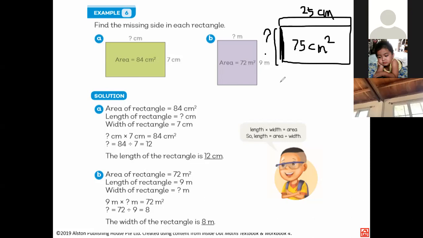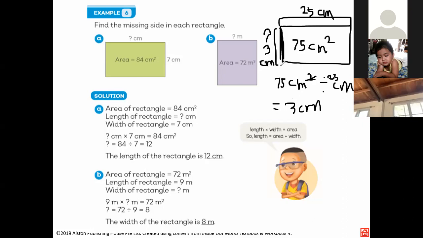So you just have to divide 75 centimeters squared by 25 centimeters. So that is 3 centimeters. So you cancel that one. So this one is 3 centimeters.